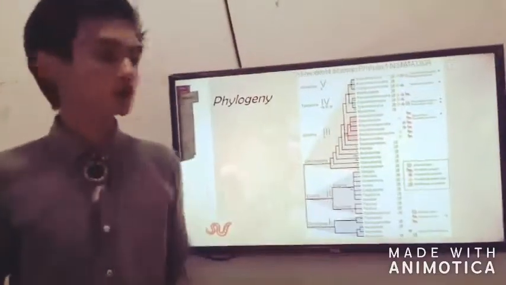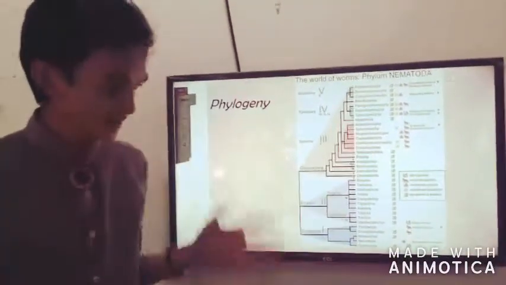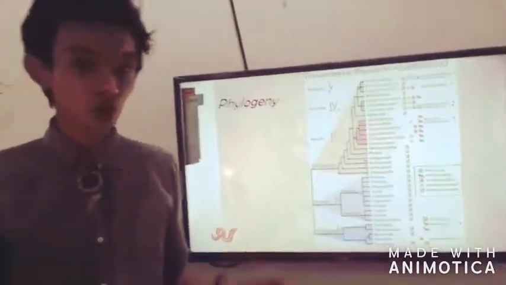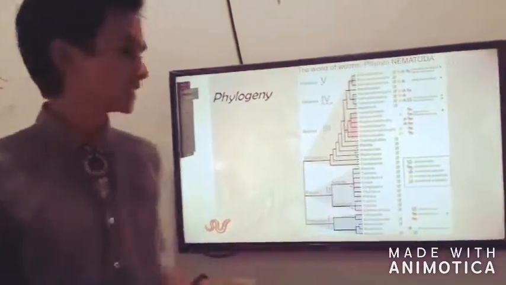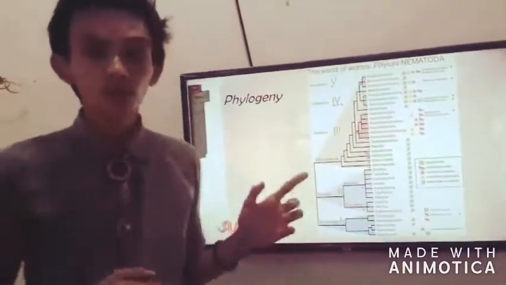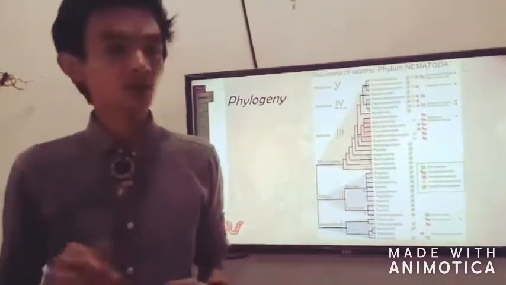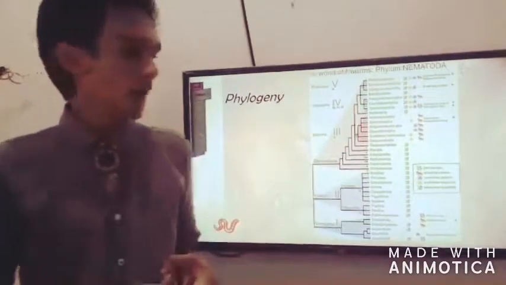Okay, so now we are going to discuss the phylogeny of the phylum Nematoda. It wasn't mentioned earlier that the taxonomy of nematodes used was actually an older scheme of classification, the dividing of phylum Nematoda into two classes, Adenophorea or Aphasmidia and Secernentea or the Phasmidia.